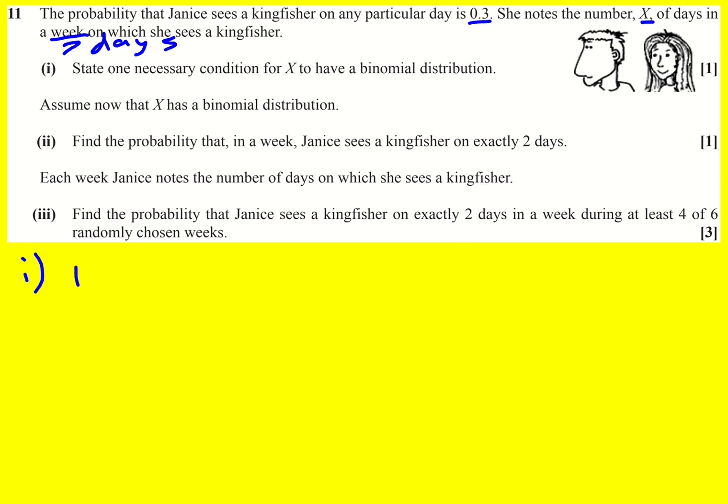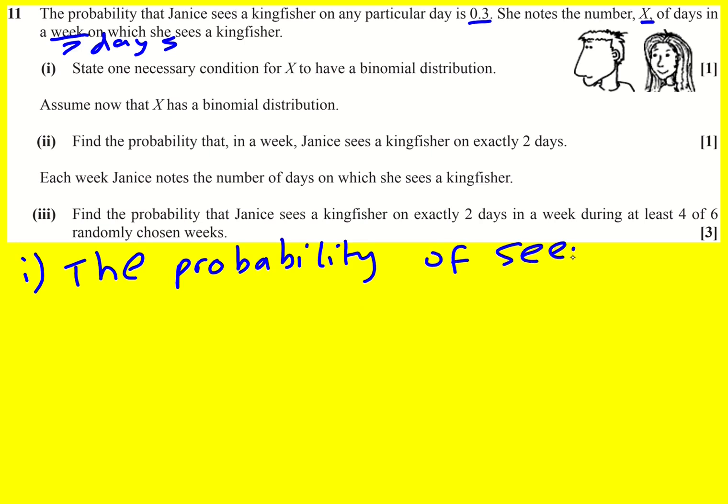So you can either write the probability of seeing a kingfisher is the same each day.